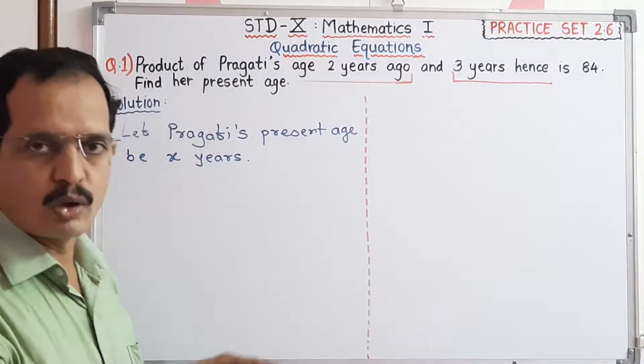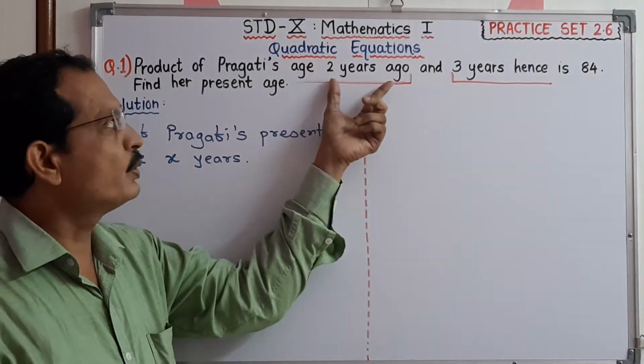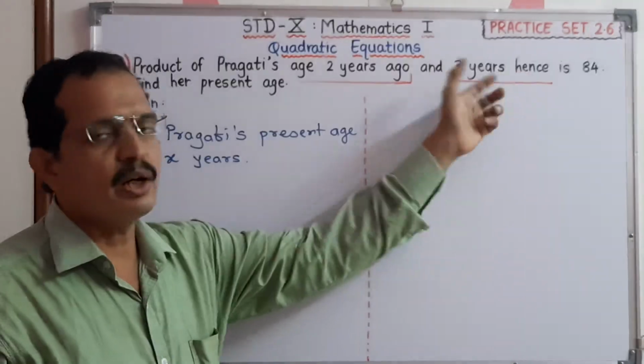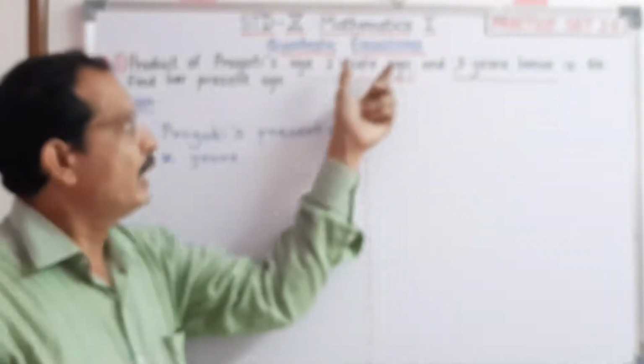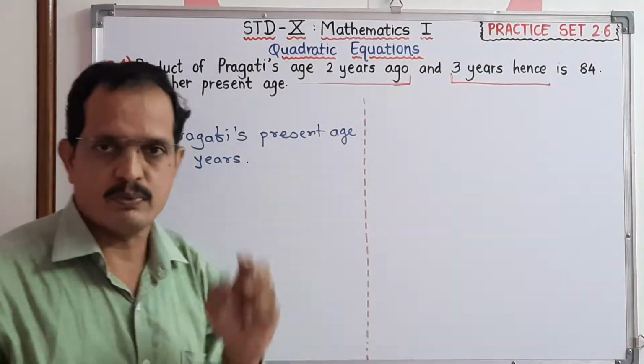Now we have Pragati's present age. We have to find out the age before 2 years and the age after 3 years. And then we have to make the product of those two, and that will be 84.